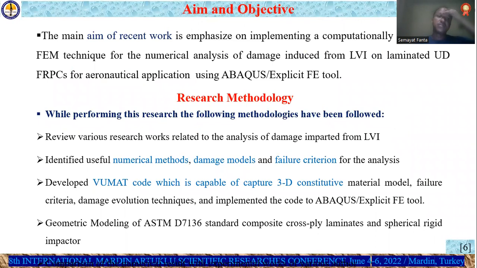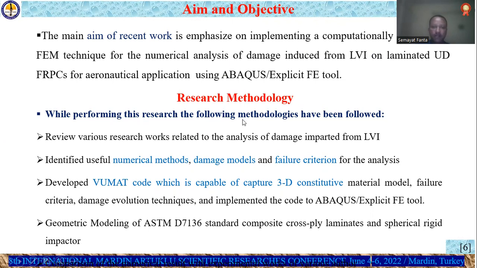So the aim of this research work emphasizes on implementing a computationally reliable three-dimensional FEM technique for numerical analysis of damage induced from low velocity impact on UD fiber reinforced composites, particularly for aeronautical application, with the help of Abaqus explicit FEM tool.